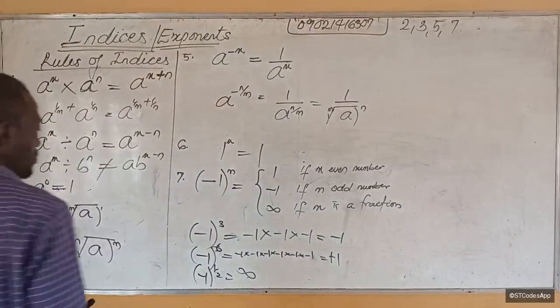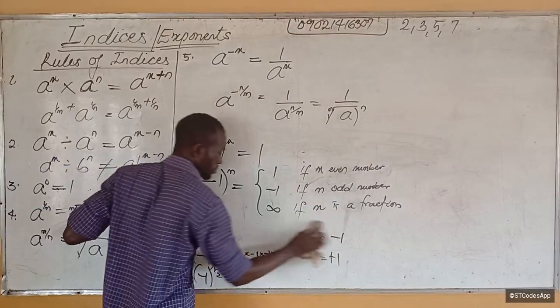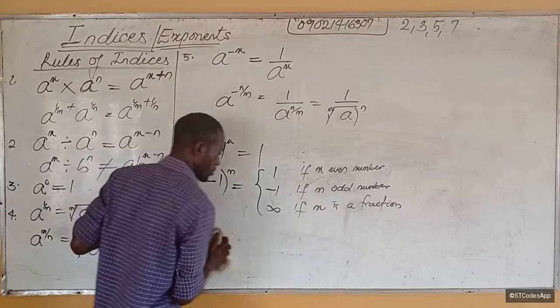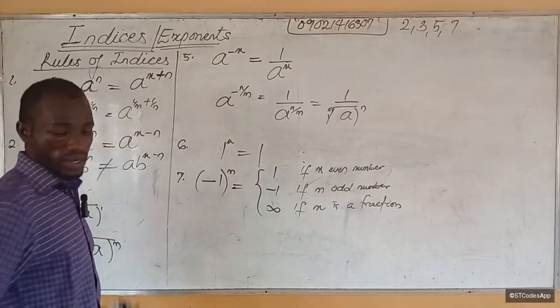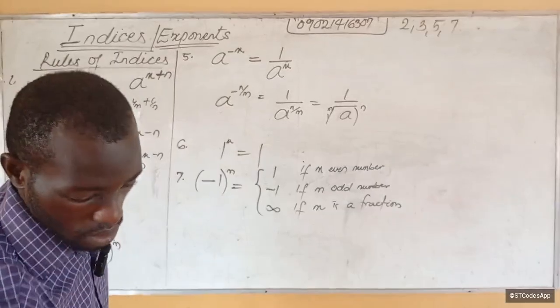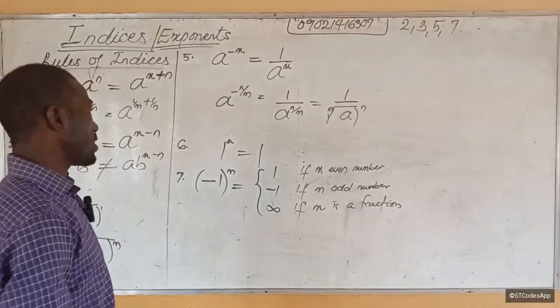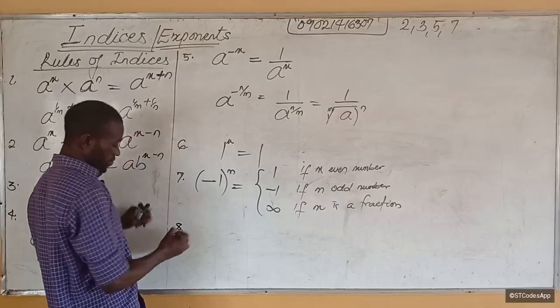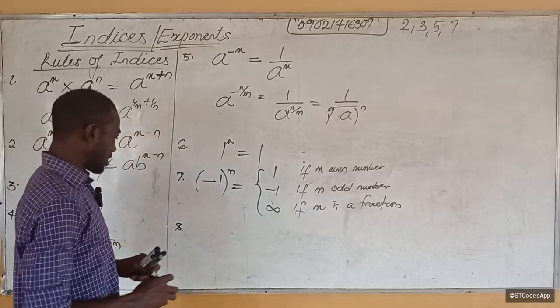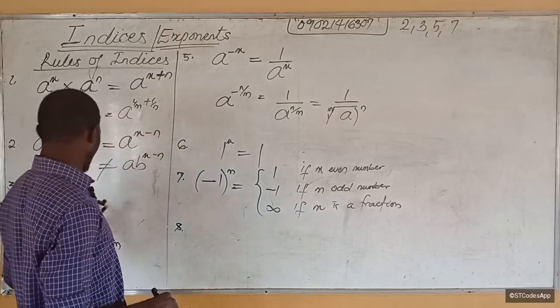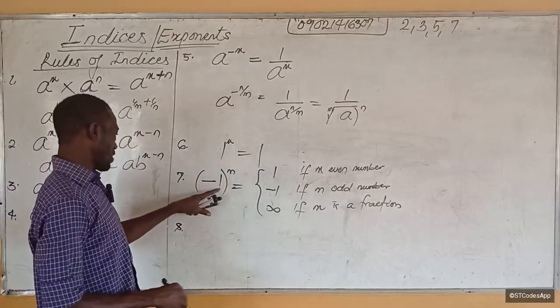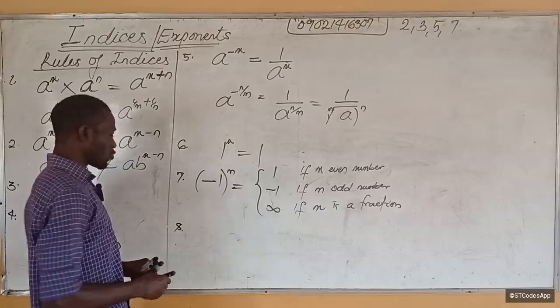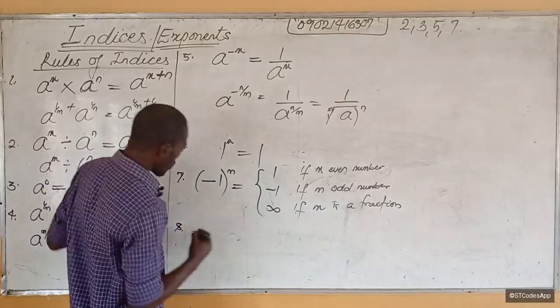Now let's go to the next rule. Another rule that we have probably not discussed, we've done negative power, we've done identity. Now, what if I have multiple power? Multiple power rules.